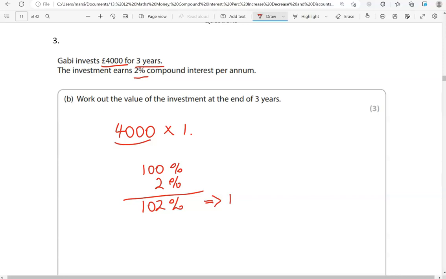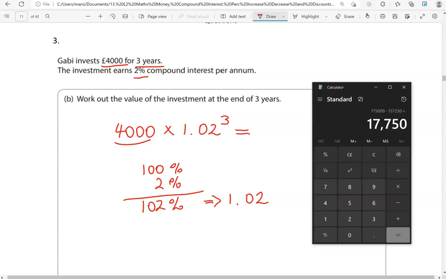We write it as 1.02, which is the same as 102% divided by 100. So 4,000, the investment, times 1.02 to the power of 3, as it's for 3 years.